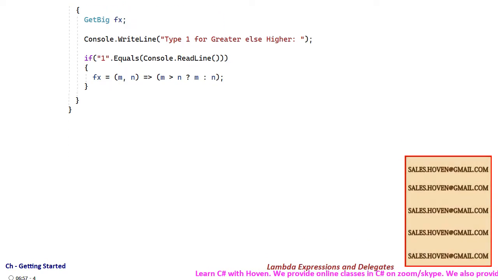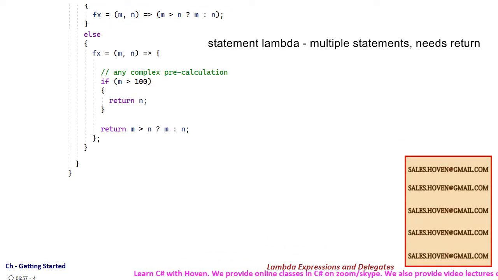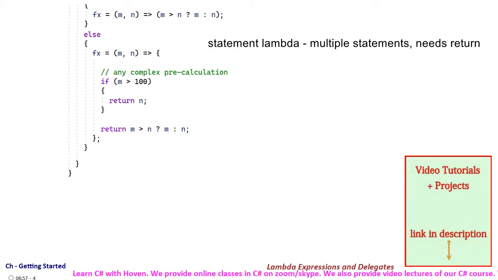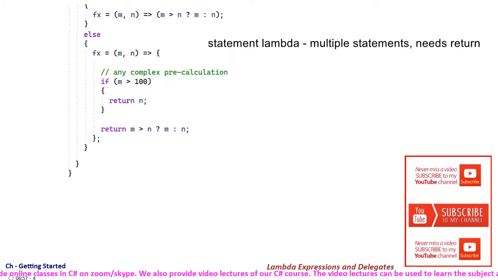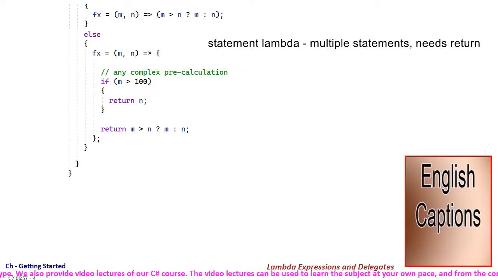And in the else part, fx is set equal to a statement lambda that takes two arguments and has a body consisting of multiple statements. A statement lambda has to explicitly use the return statement for returning its result.